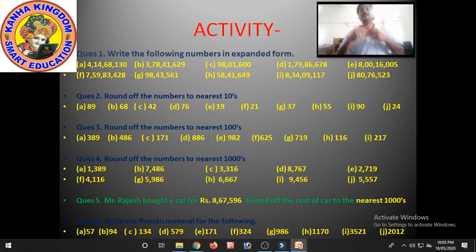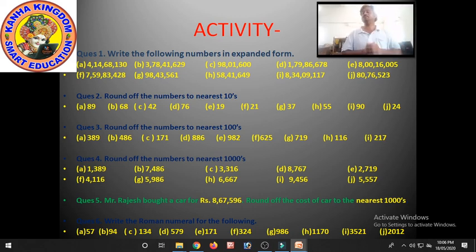Now you convert this number into Roman. So 2000 equals 1000 plus 1000. What is the alphabet of 1000?